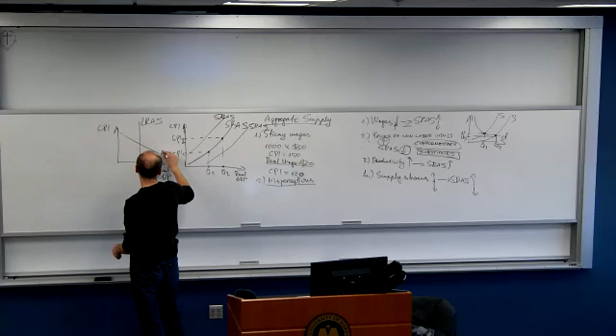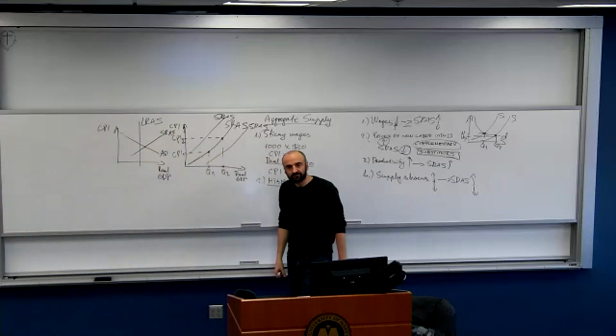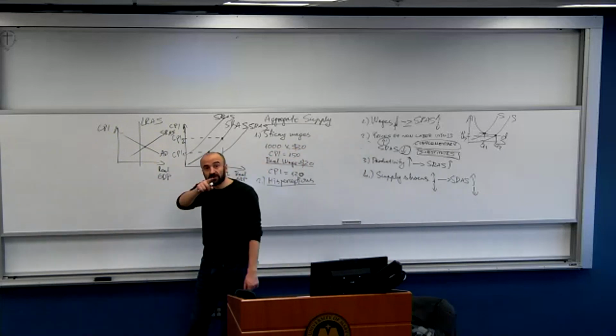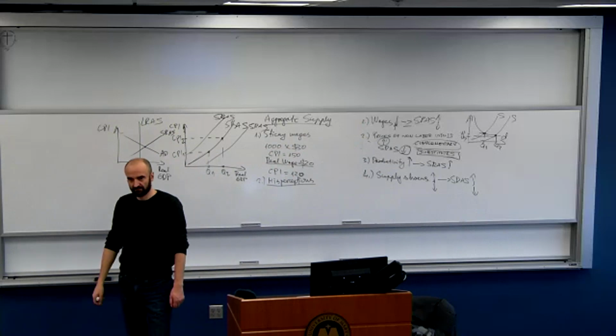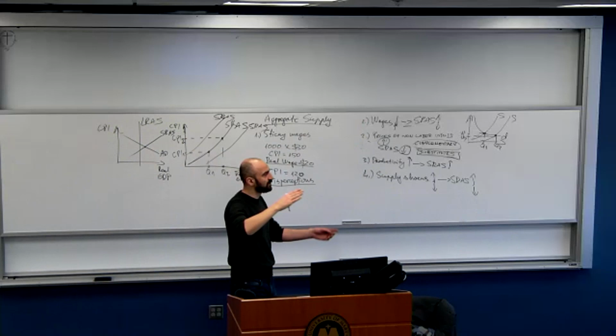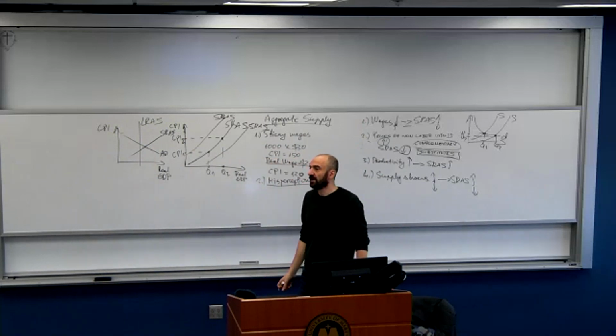Also, you can make a graph like this. So you have the short-run aggregate supply curve. You can actually have two different equilibria. Macroeconomic equilibrium is the situation where demand and supply are equal, where aggregate supply equals aggregate demand.